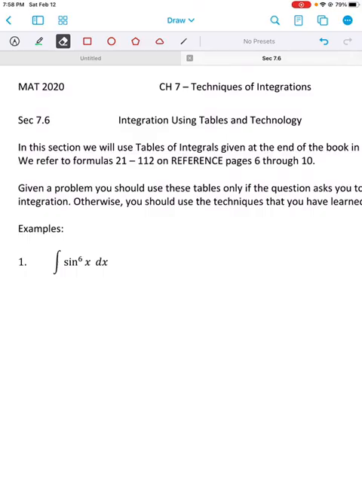And in order to do that, we have to look for which formula we will be needing. I showed you the formulas at the back of the book.